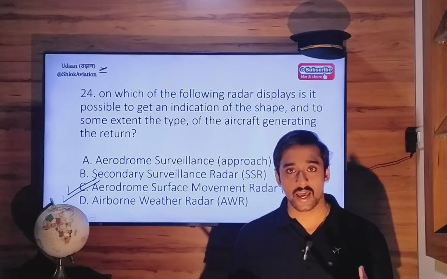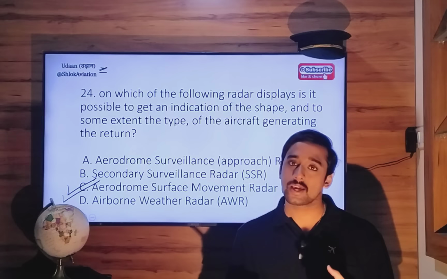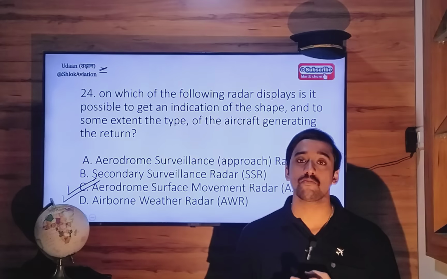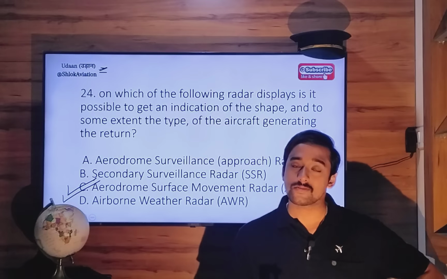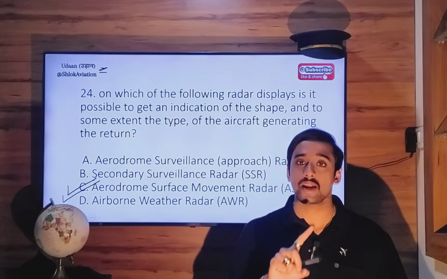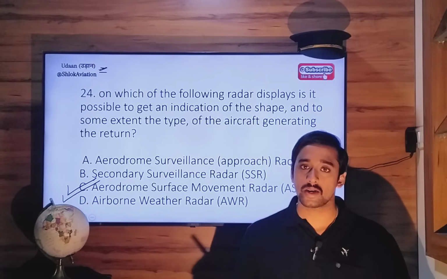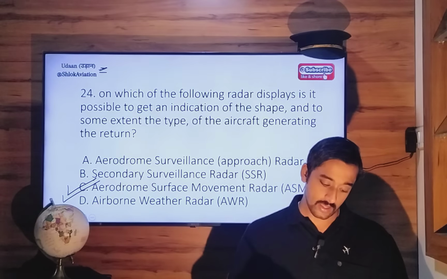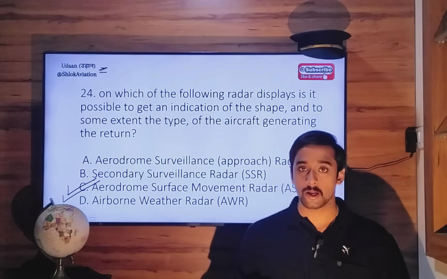In such scenarios, he can use this airport surface movement radar, which is very accurate. Why very accurate? Because the pulse repetition frequency, the PRF, is very high. The antenna scan rate is also very fast, 50 to 60 RPM, and these conditions are favorable for generation of the shape and type of aircraft.